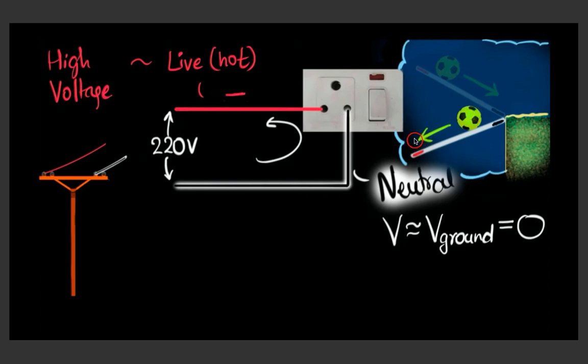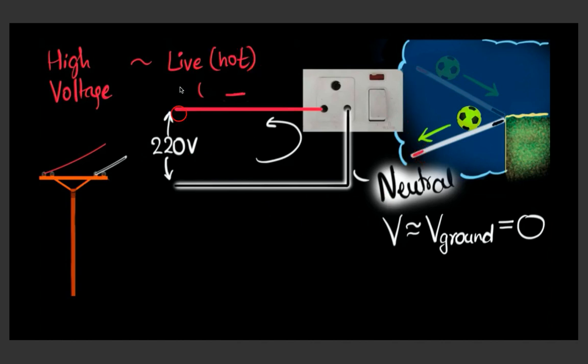So whenever we move the ramp upwards, that's going to cause the soccer ball to move to the right. When we move the ramp downwards, it's going to cause the soccer ball to move to the left. And so this end doesn't change its height above the ground at all, but this one does. It's going from being above the ground to below the ground, back and forth and back and forth.